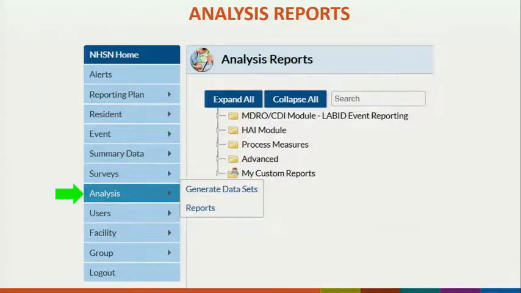So to access the analysis page, you would navigate to Analysis, and there you'll find options for generating data sets and reports. The options for analysis are organized by module. So you have the MDRO CDI module, the HAI module, Process and Outcome Measures, and the Advanced folder. For today, I'll just be focusing on the MDRO and HAI modules.